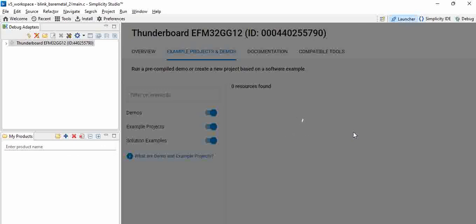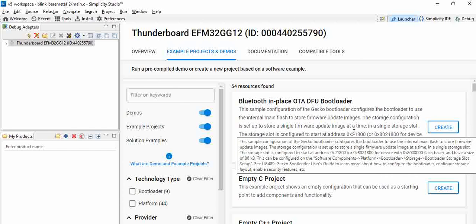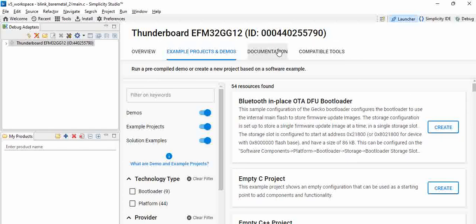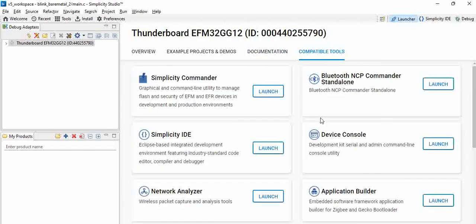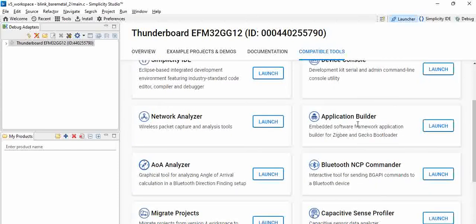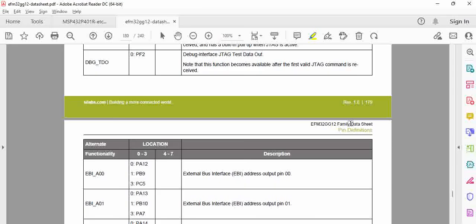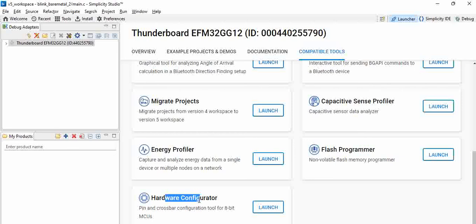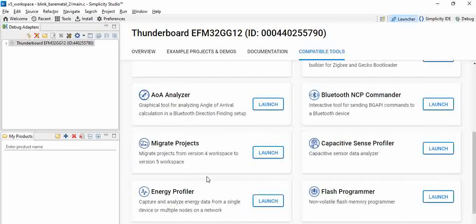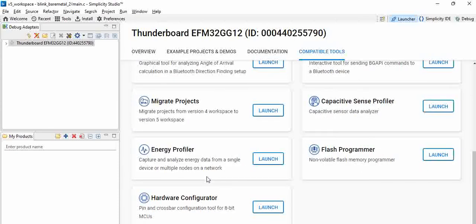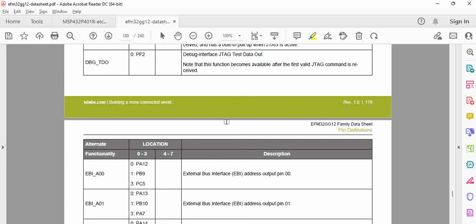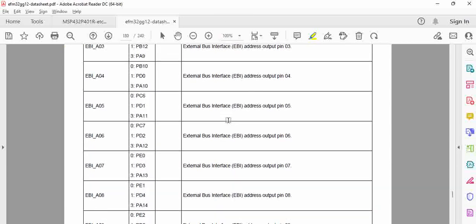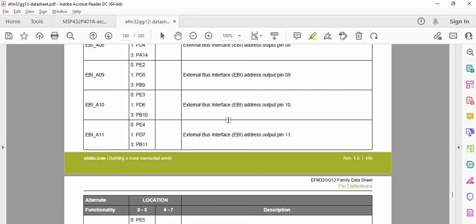So using that pin muxing option, we can configure the pins based on our requirement. Nowadays, this is the hardware configurator, the pin and crossbar configuration tool. We will explore that and see how this is working for EFM32GG12. But that's one of the tools where you can decide which pin to connect to what for a given functionality.